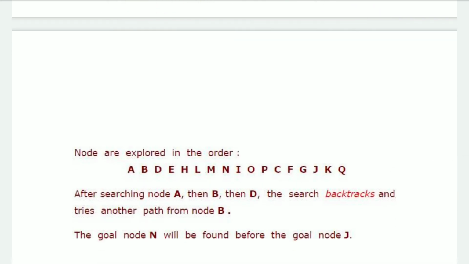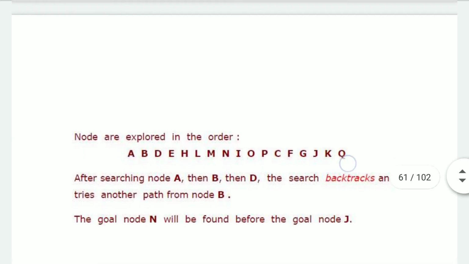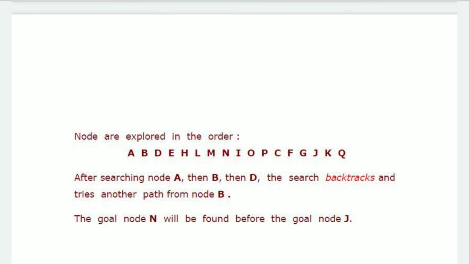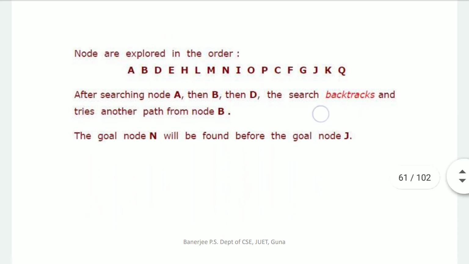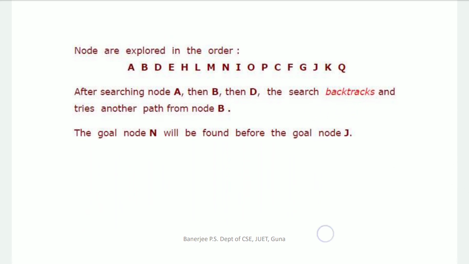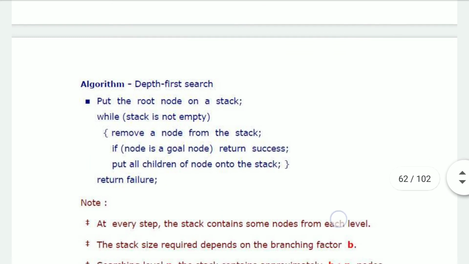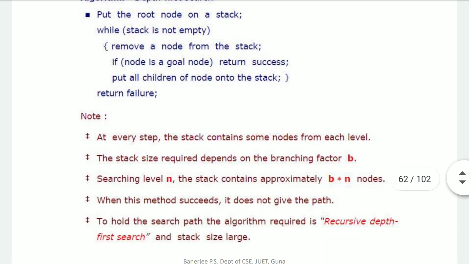L, M, N, I, O, P. This is the solution for it, right? The positions of the backtracking, right? You have to see the DFS algorithm. I have already said it in the class.